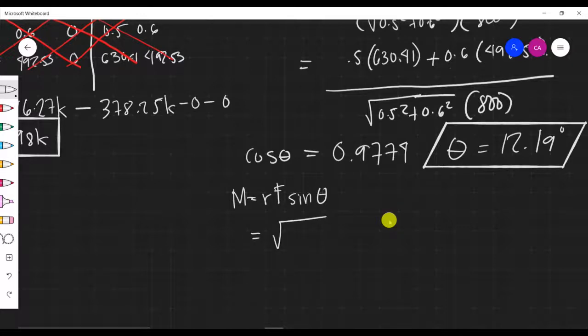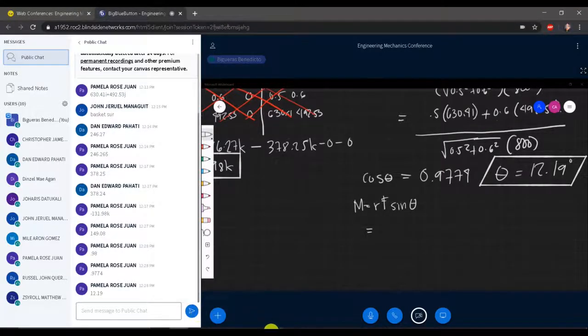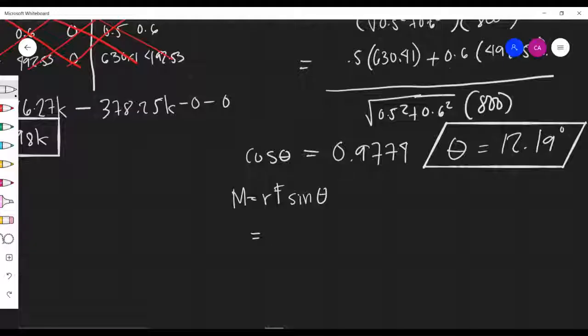So, R is equals to magnitude ng R, is 0.5 square plus 0.6 square. Ano ang value ni R? Okay, 0.78.